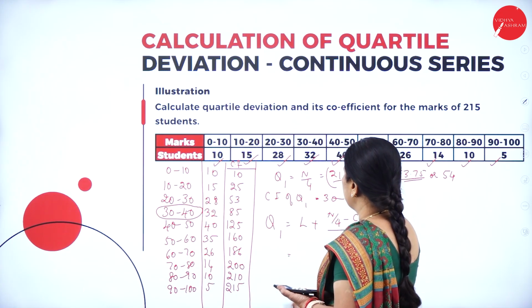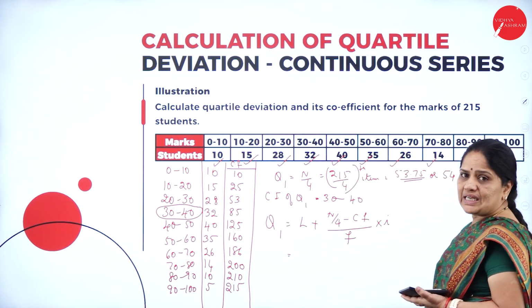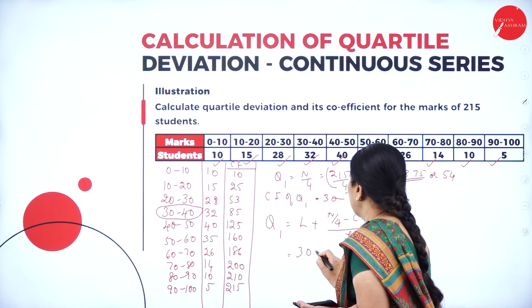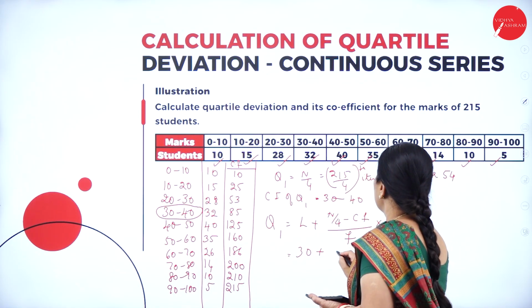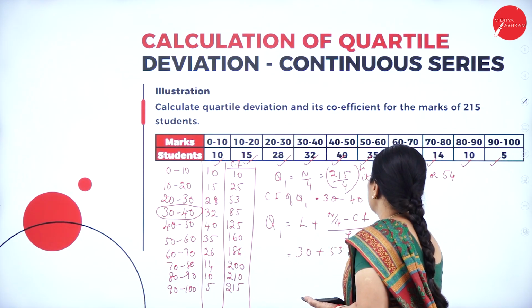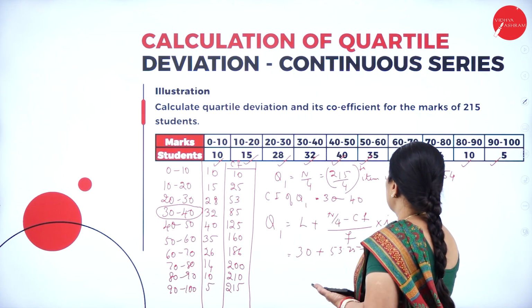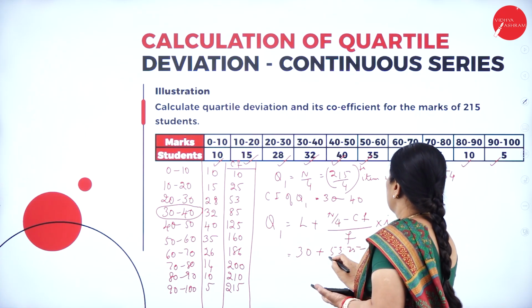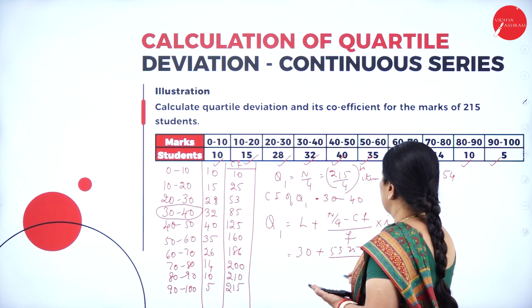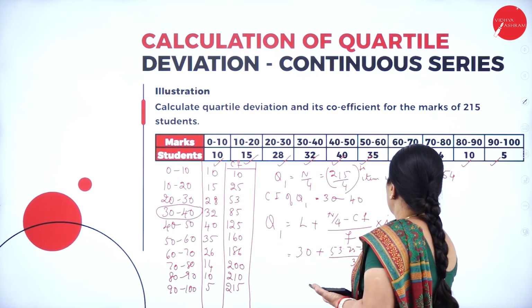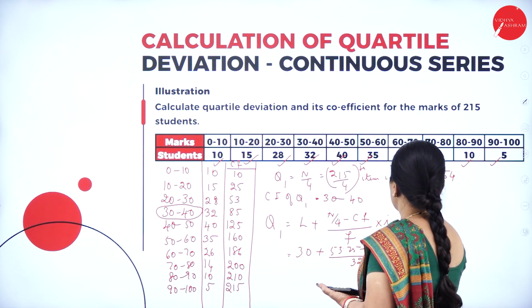So what is the lower limit of the class interval here? 30. So 30 plus N by 4, which is 53.75, minus CF, which is 53, divided by the frequency of the class, 32, into 10.